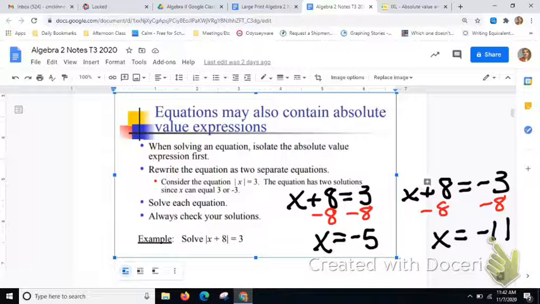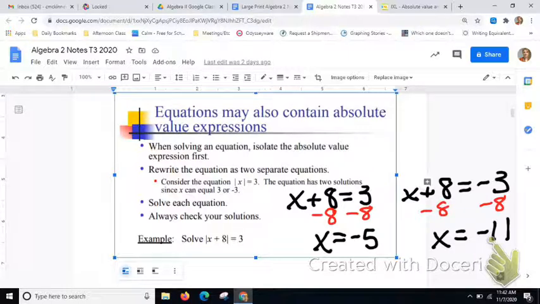Sorry, I think on the first one I may have jacked you up a little bit. -5 plus 8 was +3, and the absolute value of +3 is 3. Sorry. And -11 plus 8 is -3. Absolute value of that is 3. They do both work. So, sorry, I got ahead of myself on getting the negative number first when actually that one gave us the positive.